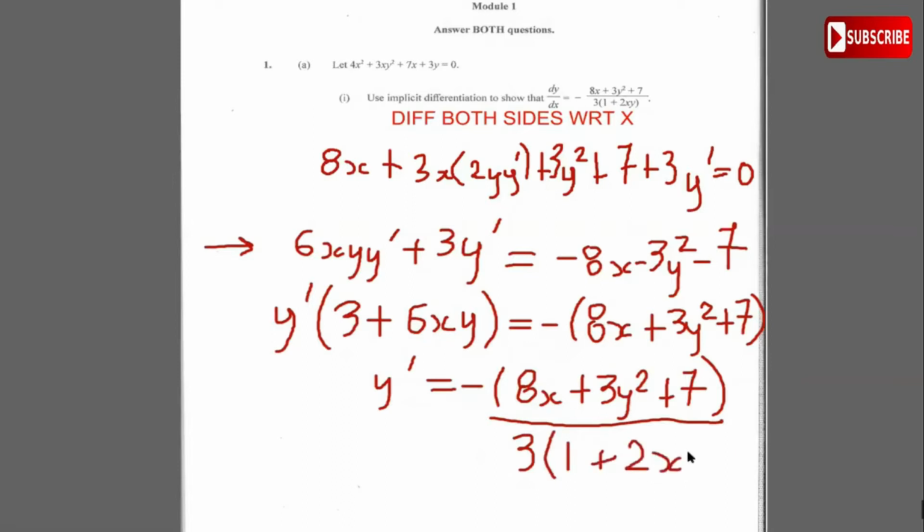That's how you do this question. Nice and easy. Remember that y prime is dy/dx. All right, so this is shown.